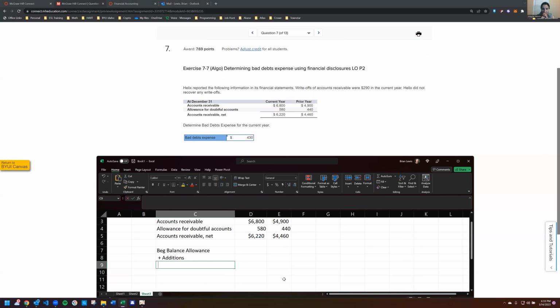So whatever additions would be credits, so whatever you added to it, and this would be debits, whatever you removed from it. Or let's say these are write-offs, and this is additions or accruals.